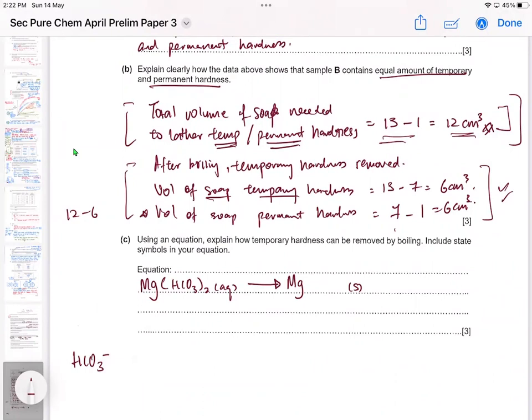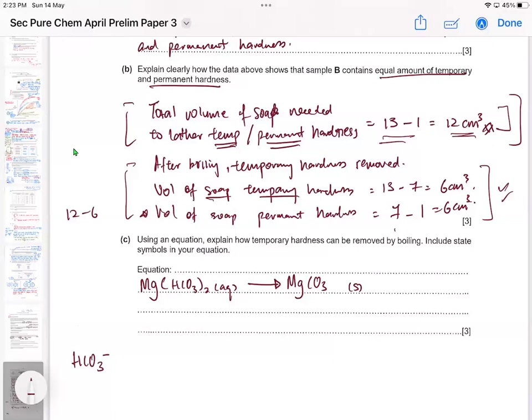But if you look at it logically, what kind of negative ion can we write? There's no other choice. The only thing that I can write here is magnesium carbonate. Because if you look at a negative ion, other than carbonates, I don't have any other choices. So the decomposition of the temporary hardness compound magnesium hydrogen carbonate upon heating, upon boiling of the water, at 100 degrees Celsius will break down your hydrogen carbonate into magnesium carbonate.